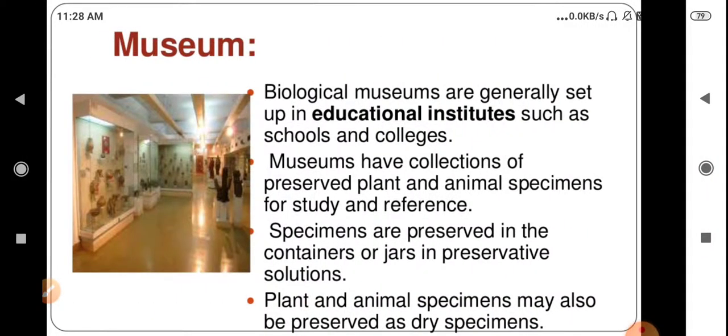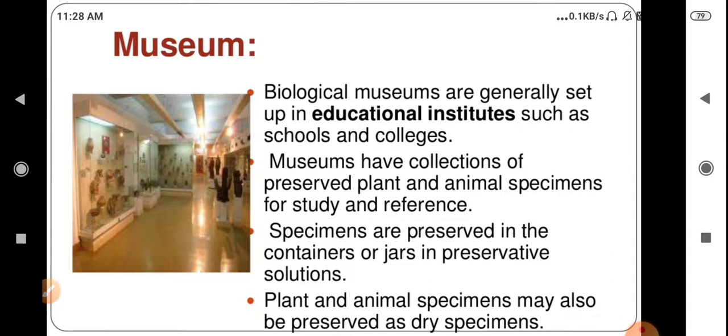Now when we talk about museum, all of us have once in a while visited a museum. Biological museums are generally set up in educational institutes such as schools and colleges. Museums have collections of preserved plant and animal species for study and reference. The specimens are preserved in containers or jars in preservative solution.